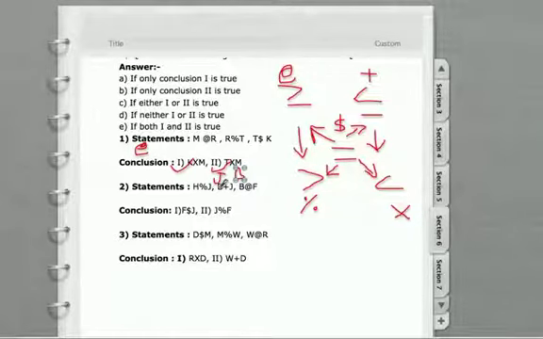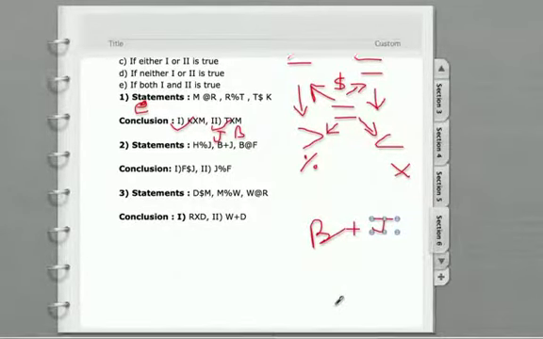Previously it was B plus J, but now we are reversing this sequence, so J, and this is B. So this sign will also have to be reversed.